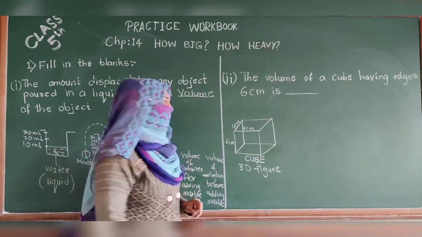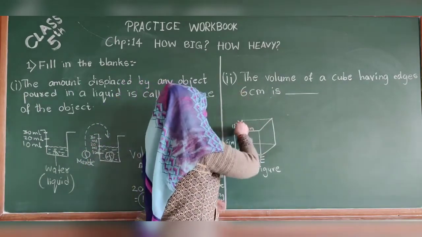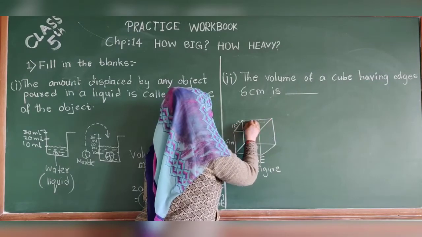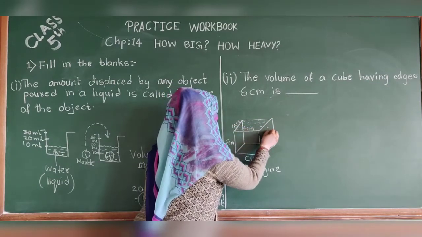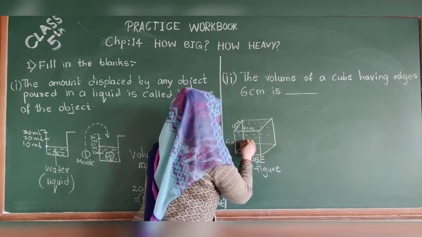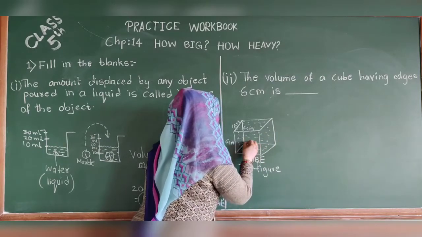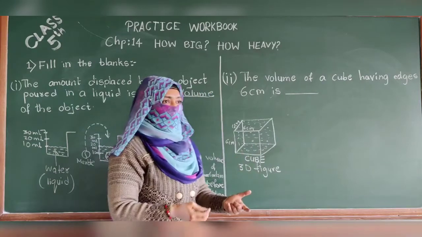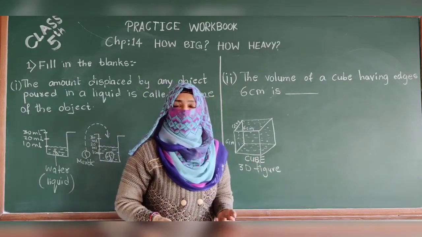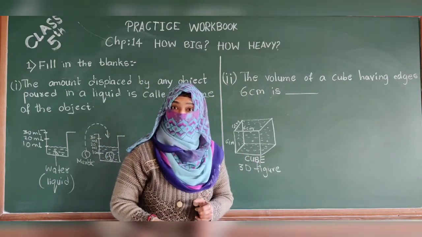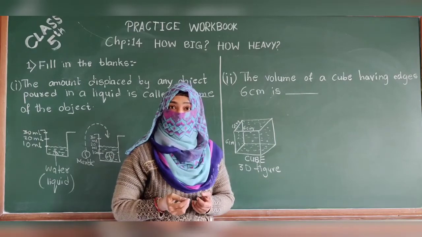What do we mean by volume? When you put something inside a container and fill it, any shape of object, a cube, a rectangular parallelepiped, or the cylinder you prepared with those cards, you remember?